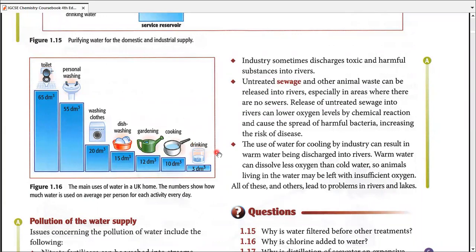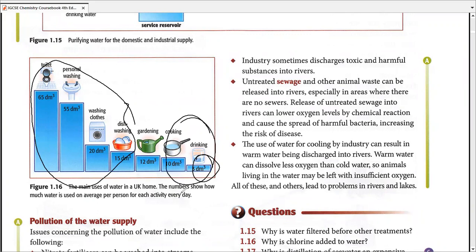You'd notice that out of every 100 decimeter cube, the drinking use is very small as compared to the cleaning use. This is all cleaning use. That's a big one. And that's a small use as compared to drinking and cooking use.